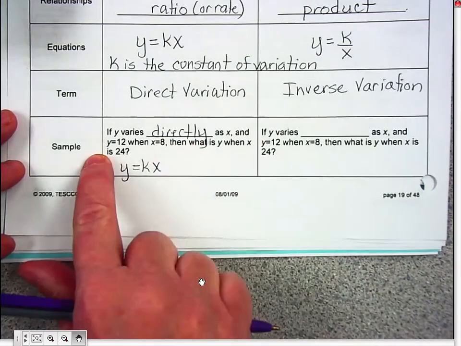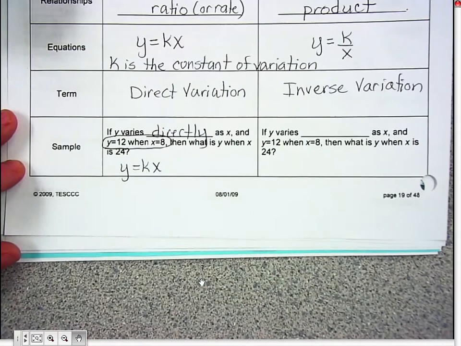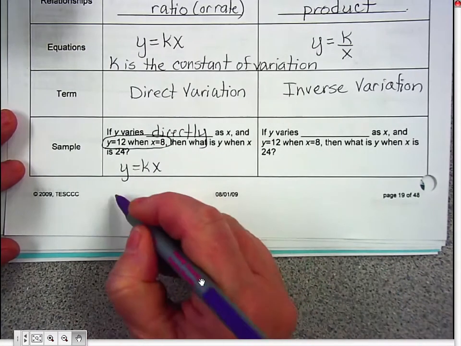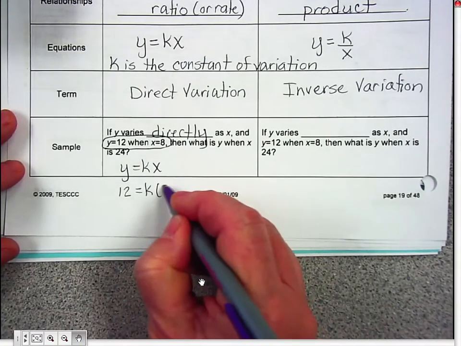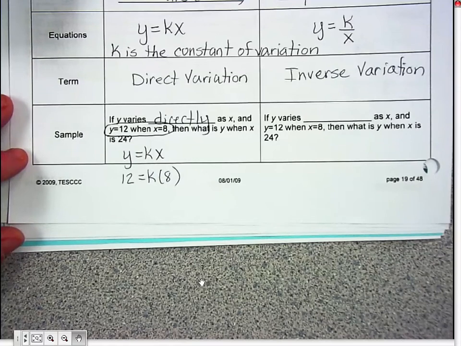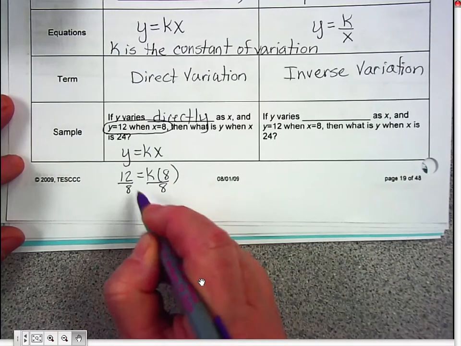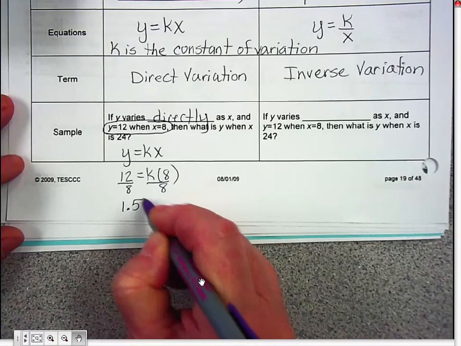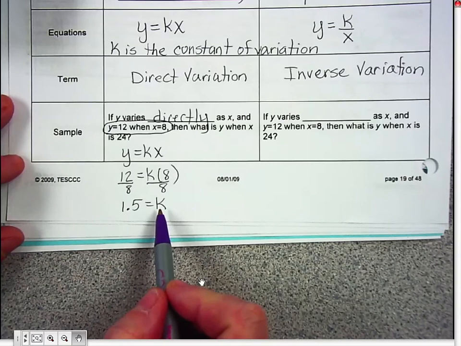When Y equals 12, X equals 8. So we could plug 12 in for Y and 8 in for X and then find the K. How would you find the K? Divide by 8. K equals 1.5. 12 divided by 8 is 1.5. So this is our constant of variation.